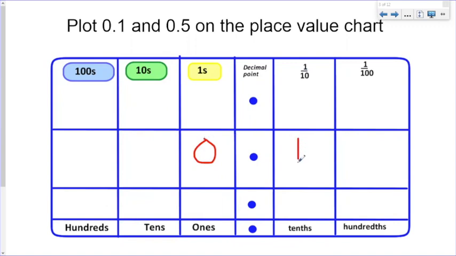Remember, we coloured in 1 of those 10 squares on our 10 grid, so 0.1 is the decimal value of 1/10. And then 0.5, which we know is equivalent to a half, goes here, because we coloured in 5 of those 10 squares. So there it is on your place value chart.